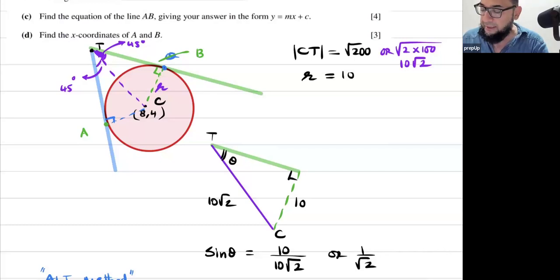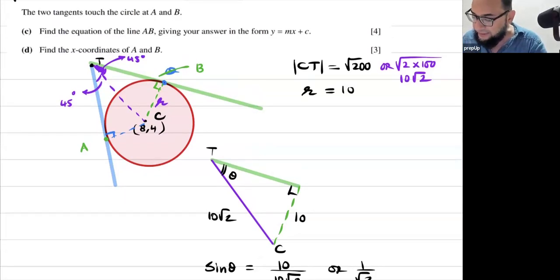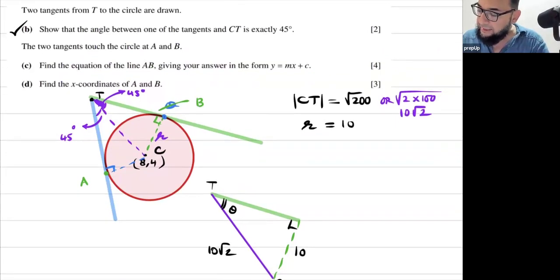Now the thing is that this is again a 90-degree angle. Let me draw it realistically. The two tangents, this is T, this is 10, this is 10, this is 10, this is 10, and this is 10 root 2. This is 45 degrees, this is 45 degrees, this is 45 degrees, this is 45 degrees. That means this is a 90-degree angle. So now if this is a 90-degree angle, how would we proceed?